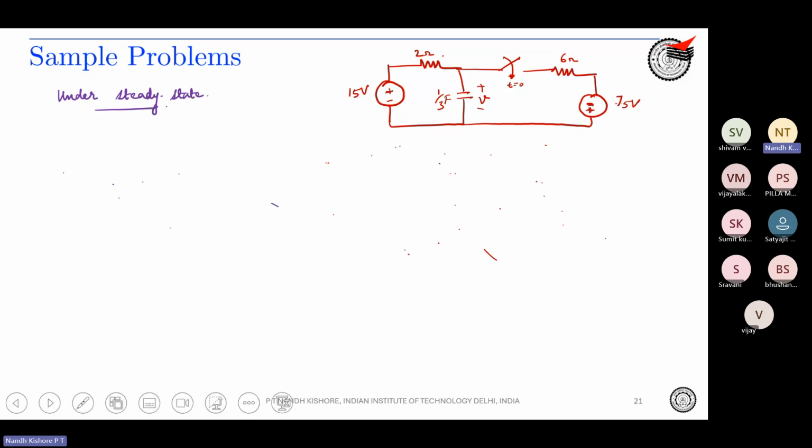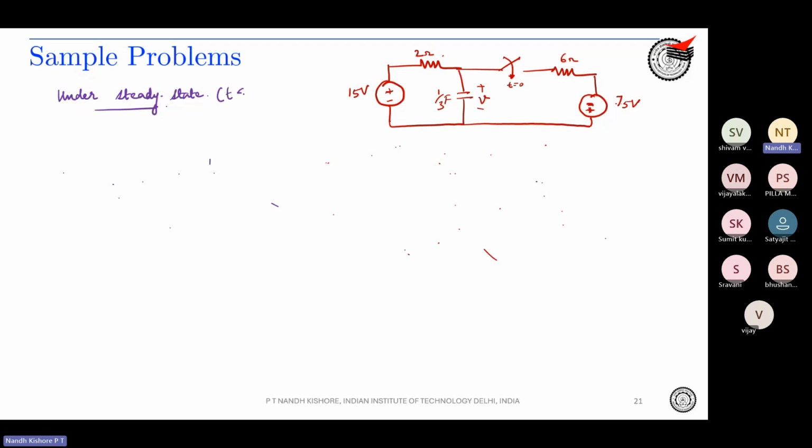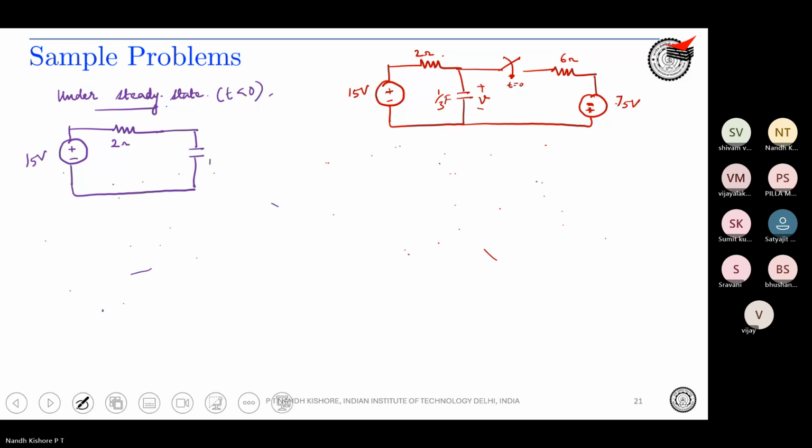Okay. So under steady state, that is for t less than 0, the switch is open. So no need to worry about the right hand part. Your equivalent circuit becomes 15 volts, 2 ohms, 1/3 farad.